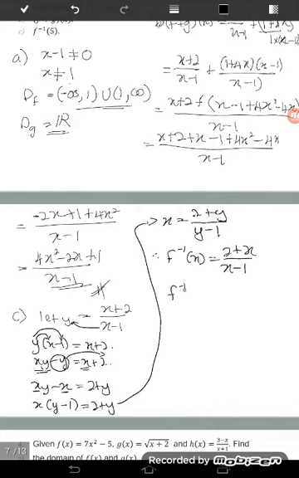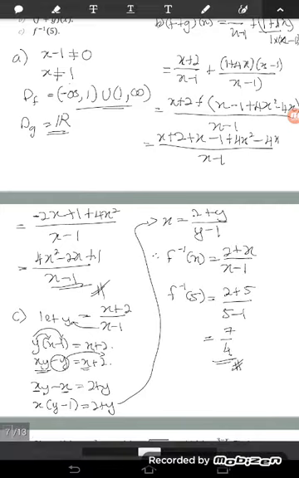So f inverse of 5 is equal to 2 plus 5 over 5 minus 1, which is equal to 7 over 4. Okay, next.